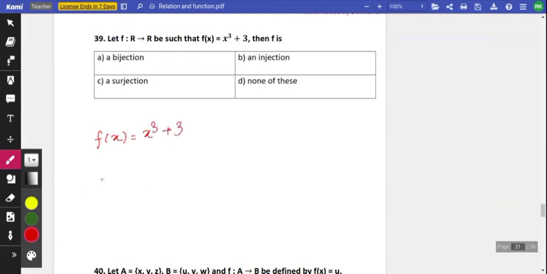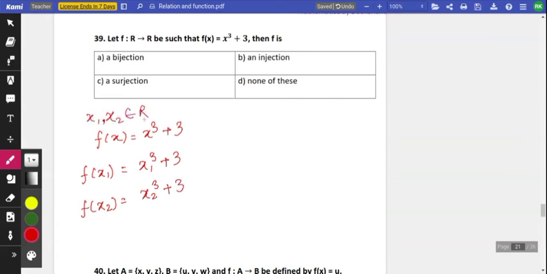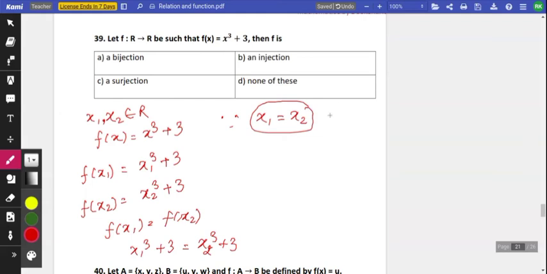For the given function to be one-one, meaning injection, f(x1) = x1³ + 3 and f(x2) = x2³ + 3, and we suppose that (x1, x2) belongs to the relation R. If f(x1) = f(x2), then x1³ + 3 = x2³ + 3. Therefore x1 is equal to x2. So the given function is one-one, meaning injection.